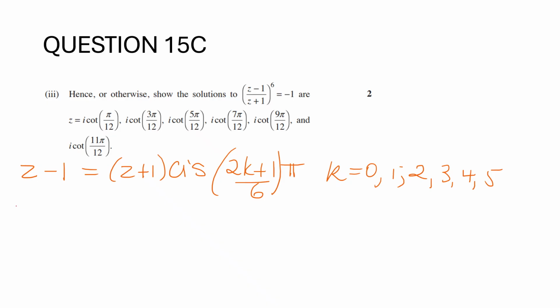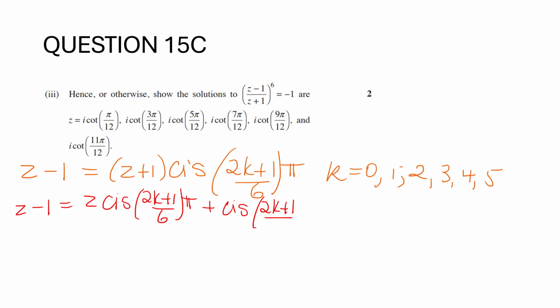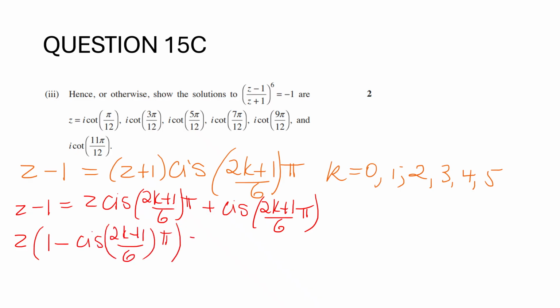So z minus 1 is equal to z cis (2k plus 1) on 6 pi plus cis (2k plus 1) on 6 pi. And so z, brackets 1 minus cis (2k plus 1) on 6 pi, must equal cis (2k plus 1) on 6 pi plus 1.